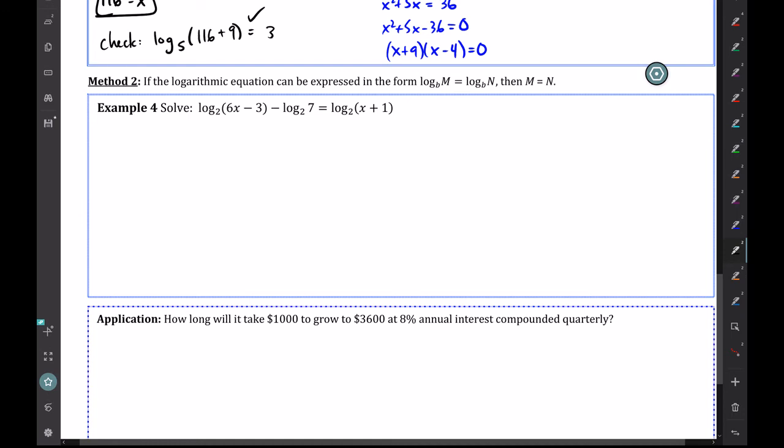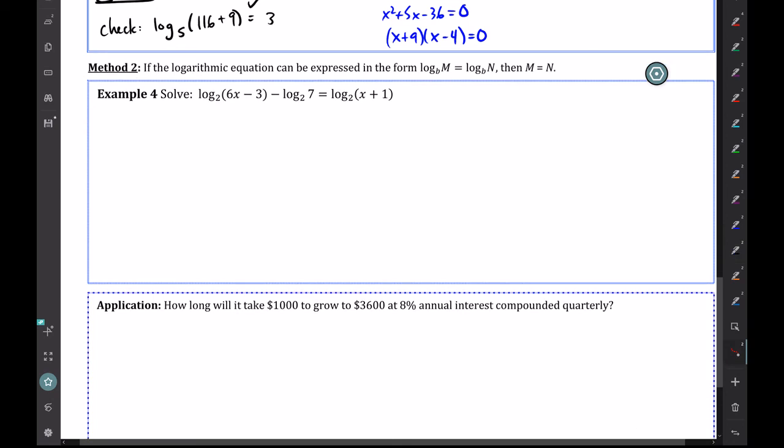In method 2, what we're going to do is if you have an equation that's expressed in the form log base b of m equals log base b of n, so you have the same bases, then you can set m equal to n. So first thing we're going to do is condense this part right here, starting off using the quotient rule.